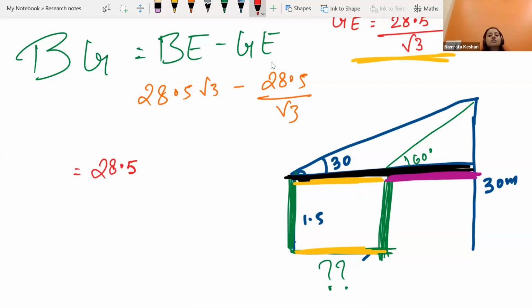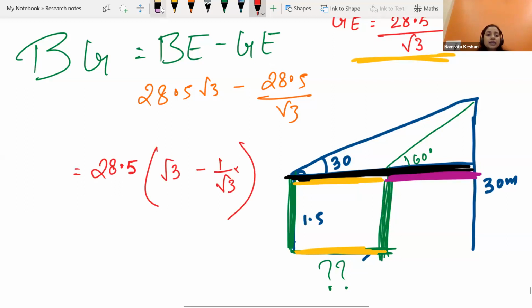So just 28.5, and we are left with this calculation. If you want to rationalize over here and then proceed with the calculation, great, you can do so. If you want to do the calculation by taking out the LCM now, it's completely up to you. I will be showing you both ways.